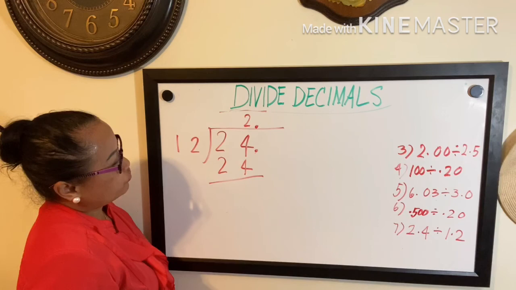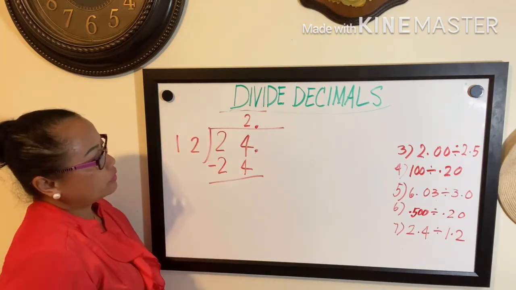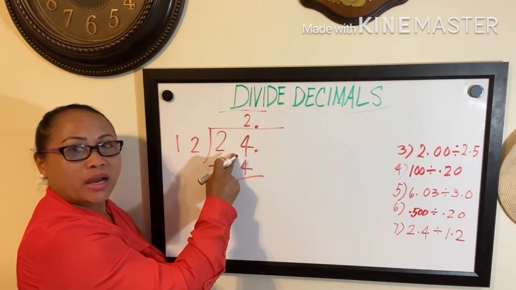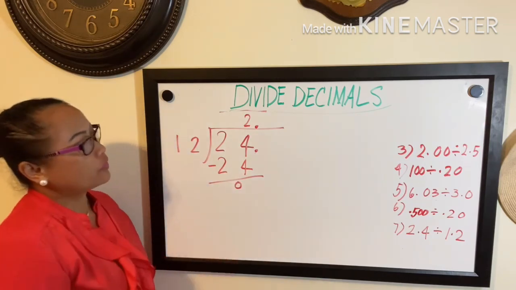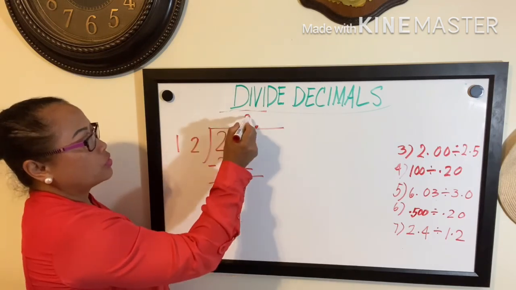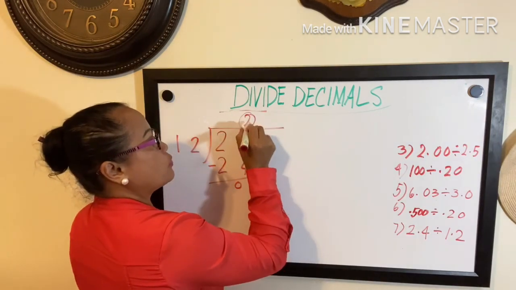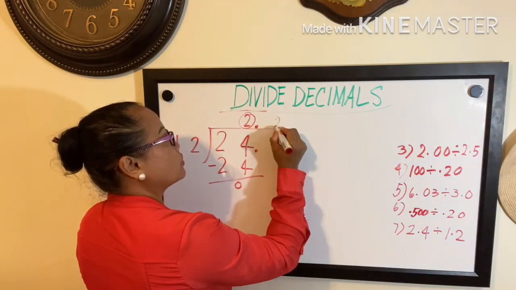Okay. So we will subtract. 24 minus 24 is 0. So our answer is 2, or 2.0, or that is simply just 2.